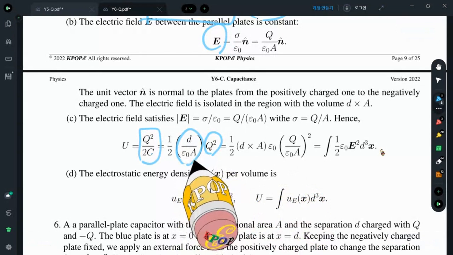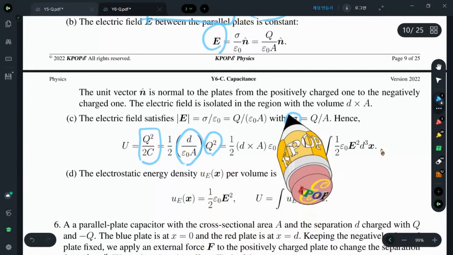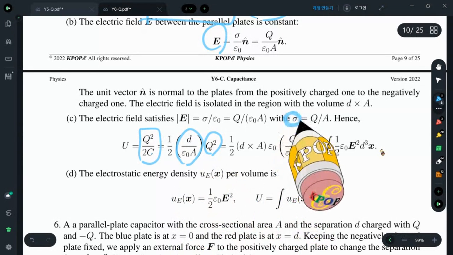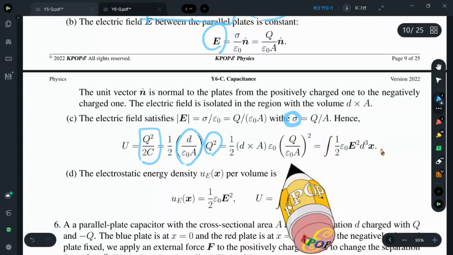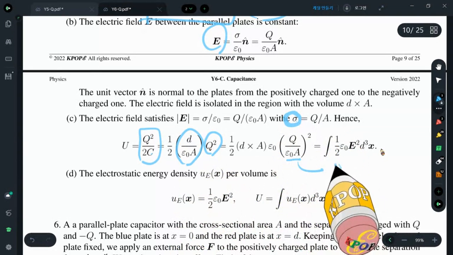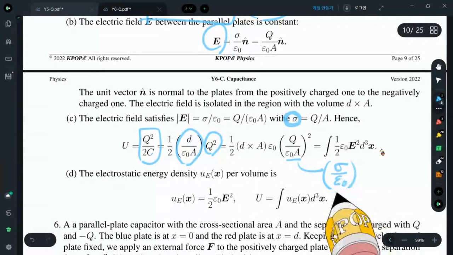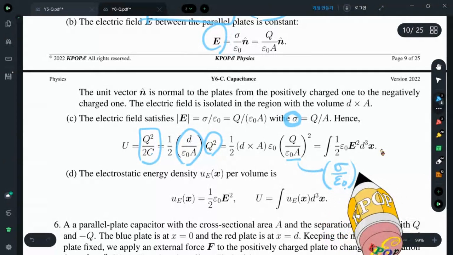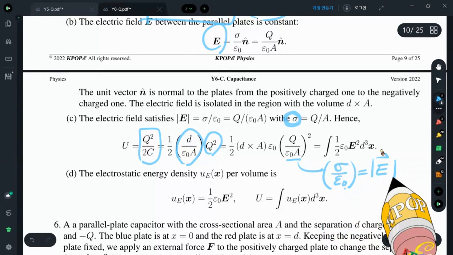And then we rewrite this with sigma, that is the charge density, Q over A. All right, what is that? This is sigma over epsilon 0. What is sigma over epsilon 0? That is the strength of the electric field.